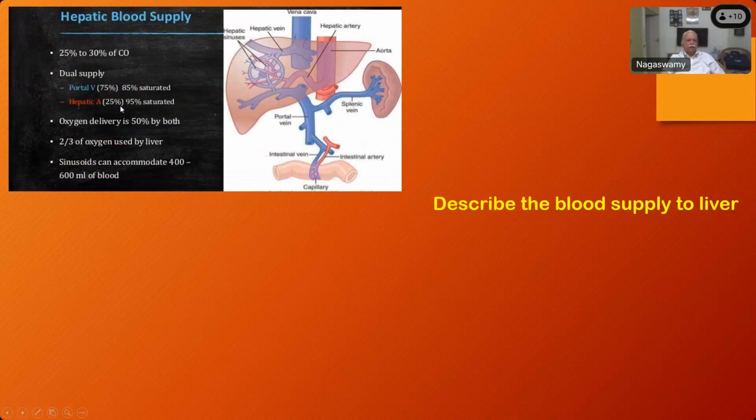Whereas the hepatic artery supplies about 25% of the requirement and it is very well saturated, to 95%. This is more of an arterial blood supply, and that is why the color difference is there too, for you to remember. The portal vein is more like a venous blood, but not exactly. What should be the saturation in a true venous blood?